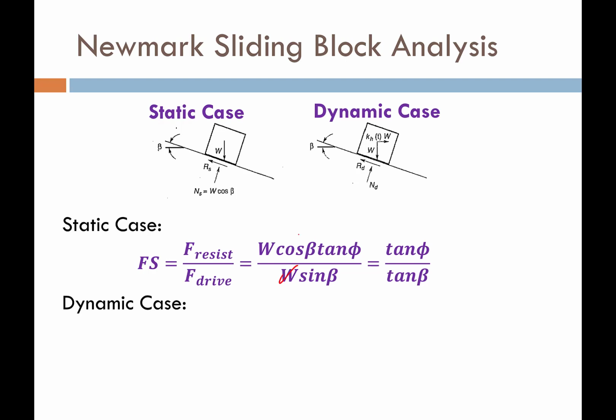If we cancel out the weights and do a little bit of trigonometry and simplification, it boils down to a very simple ratio: the tangent of phi divided by the tangent of beta. And remember, beta is the angle of the slope. So that's our static case.